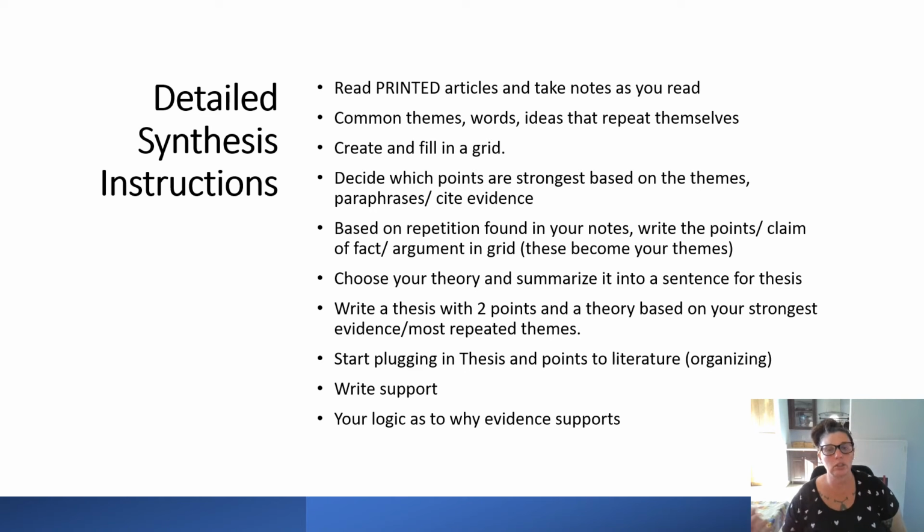And then social capital has three main components, or social capital strongly relies on social connections, familial connections, and academic connections, right? So you have those three main points within it. I'm asking you only to do two, though. So write a thesis with two points based on your theory and strongest evidence.